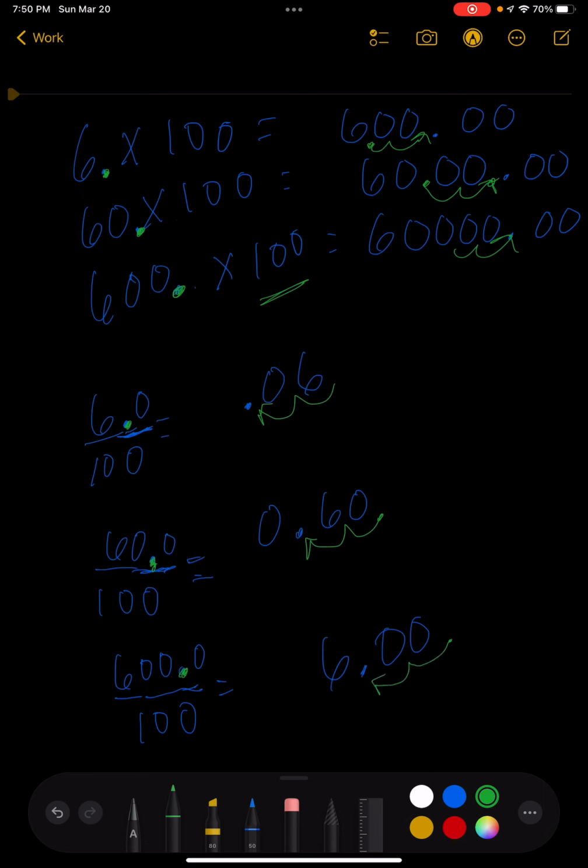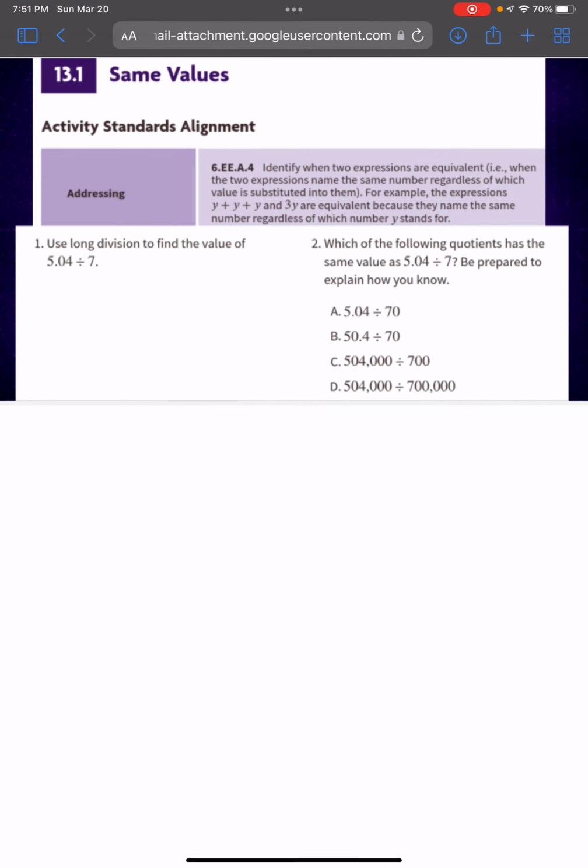Okay? So these are patterns that you can depend on. They don't change on you. If you multiply by 100, the place value will move 2 places to the right. If you divide by 100, it will move 2 places to the left. And you might be saying to yourself, well, Miss Leggett, how's that going to help me with number 2? Because they play around with a decimal on you. If you could identify where the decimal is, you might not need to calculate anything.